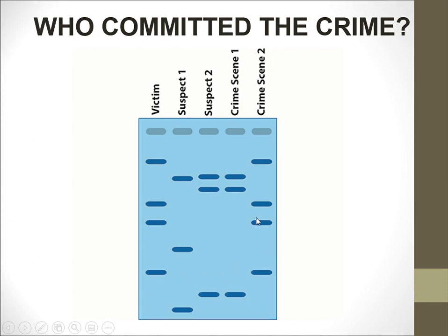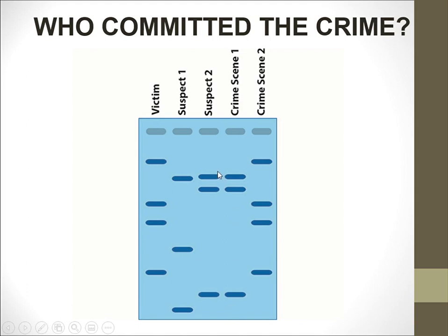So the victim must have left behind this sample. Obviously, there would be context for you. Clearly, unless the victim is doing the crime themselves, but we wouldn't give you something as convoluted as that. So crime scene 2 is of no use to us. Also, suspect 1 has nothing in common with crime scene 2, and suspect 2 also doesn't have anything in common with crime scene 2. So it doesn't really work for us.